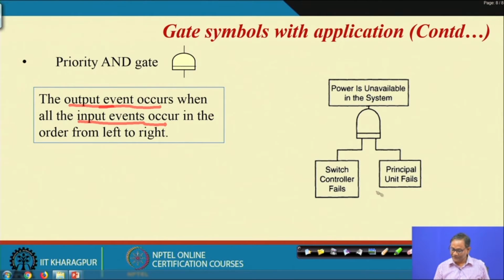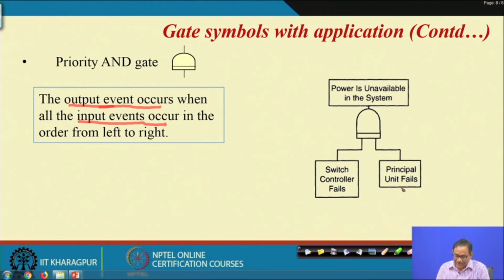So, when the principal unit fails, the switch controller has already failed, and it will not make the standby unit operational. So, the standby unit will not work and as a result the power will be unavailable, provided the switch controller fails first, followed by the principal unit failing.